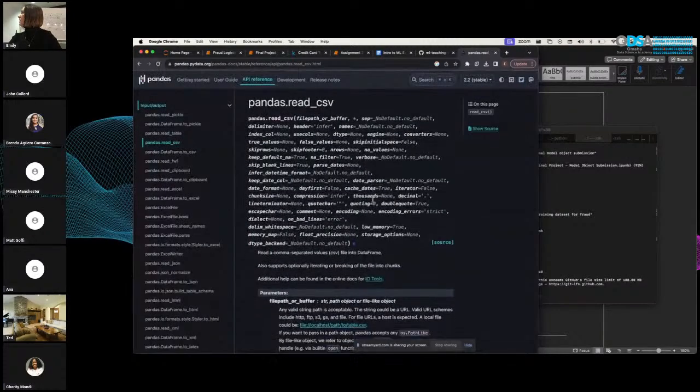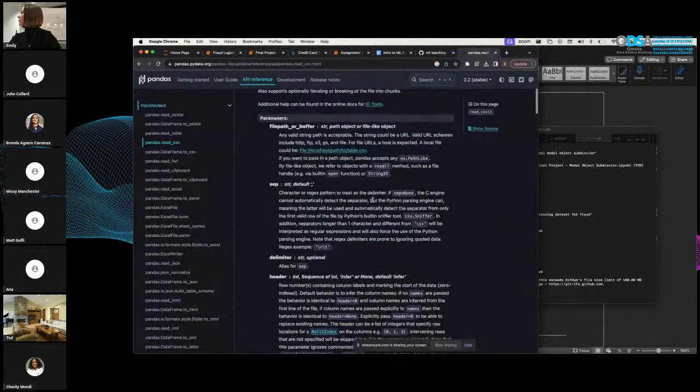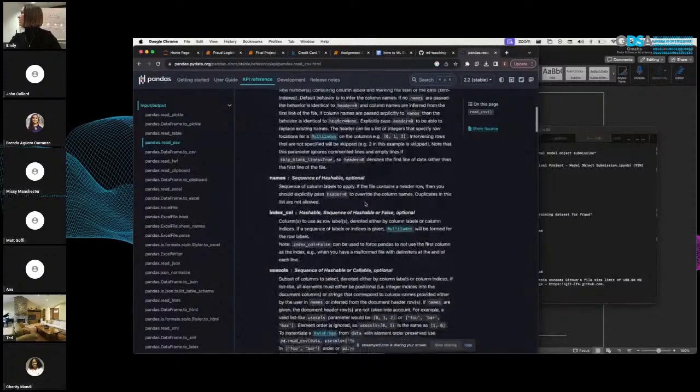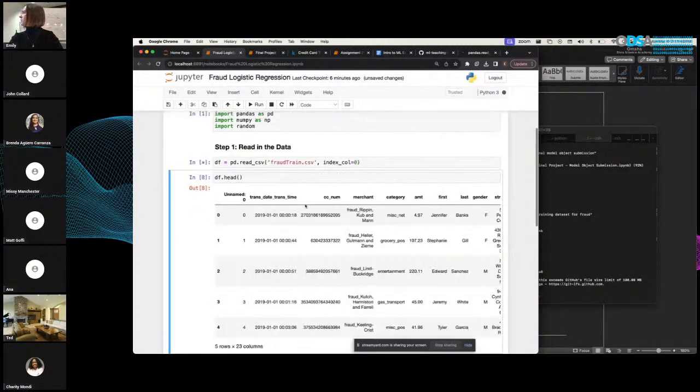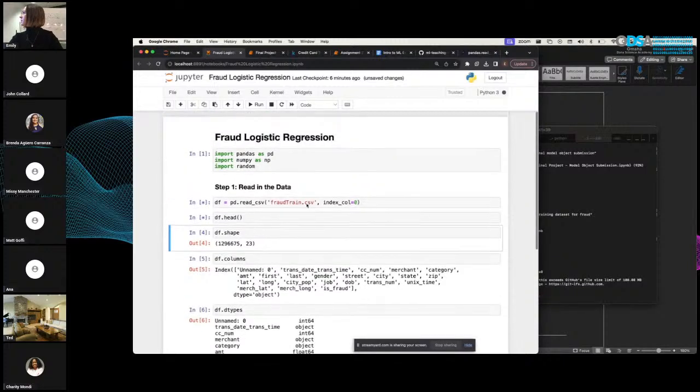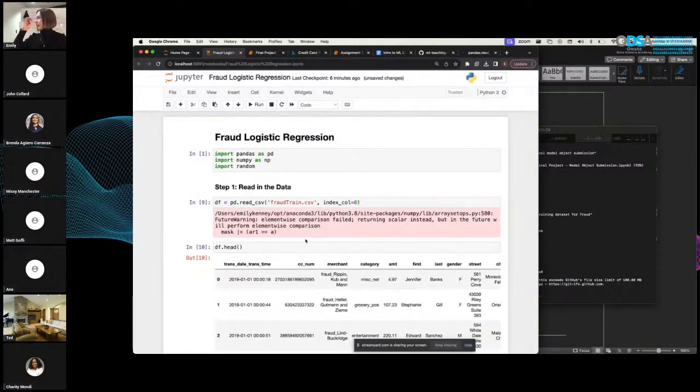I don't remember exactly what it is. It's index_col equals 0. Let's see what that does.